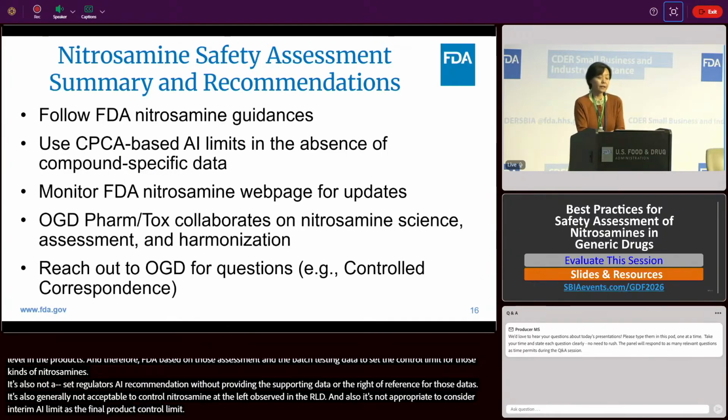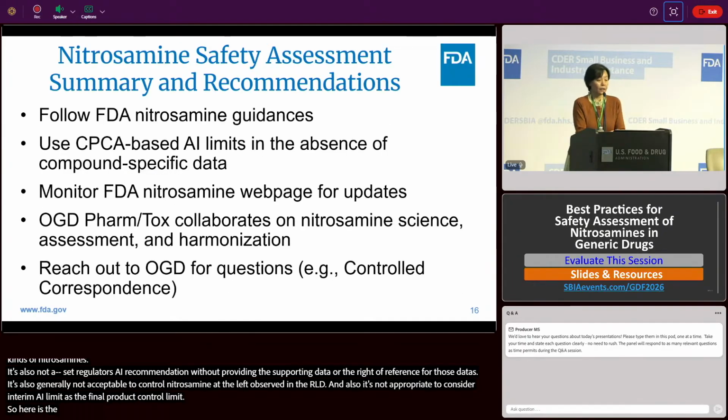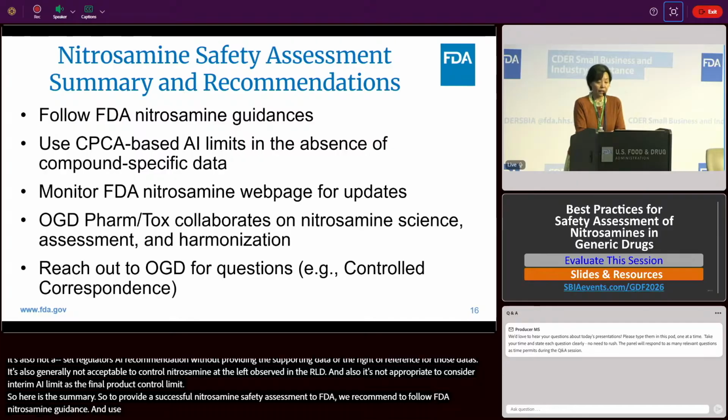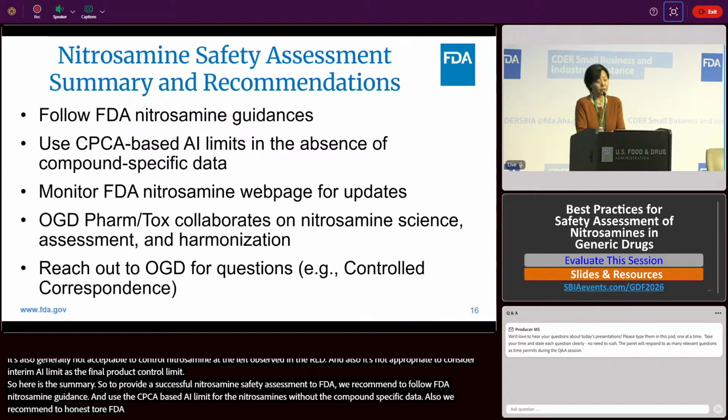So here is the summary. To provide a successful nitrosamine safety assessment to FDA, we recommend following the FDA nitrosamine guidance and using the CPCA-based AI limit for nitrosamines without compound-specific data. Also, we recommend monitoring the FDA nitrosamine webpage for the latest updates.